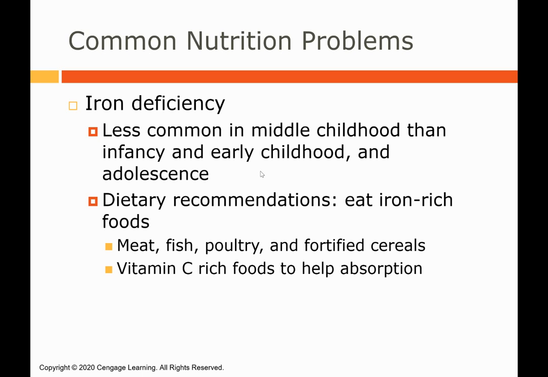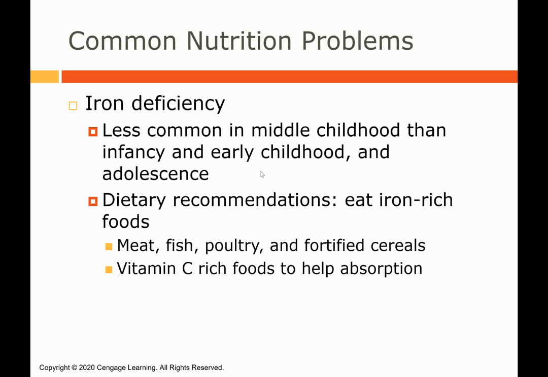I've given you resources on iron-rich foods in past lectures. It's also in your textbook, so please read more on that if you need a refresher. But just in brief, meat, fish, poultry, and fortified cereals are all good sources of iron, and we like to pair iron with vitamin C because vitamin C-rich foods help absorption. Calcium, remember, can inhibit binding of iron, so it's not necessarily competing, but it can reduce iron absorption.